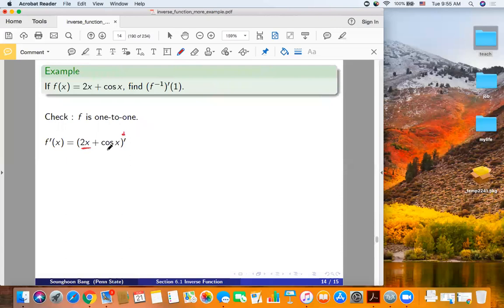What is the derivative of cosine of x? Yeah, negative sine. We have 2 minus sine x. You can check whether 2 minus sine x is positive or negative. So what do you think?